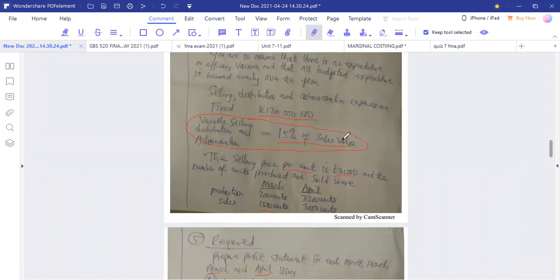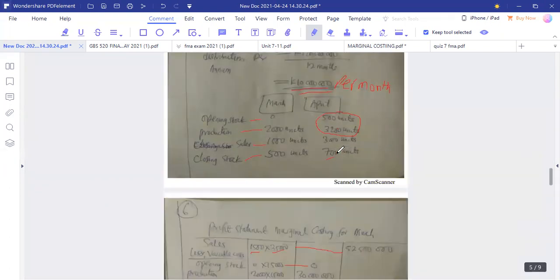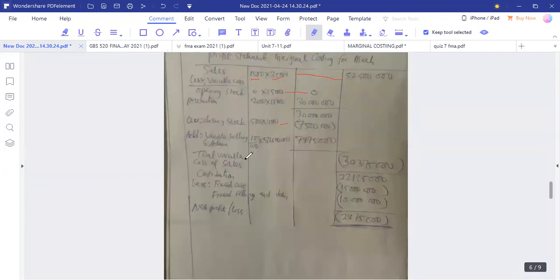So this is the reason why we are getting to this amount: 15% of the sales amount, which is 7,875,000. And then doing the addition and subtraction here, we are getting the total variable cost of sales is that amount.